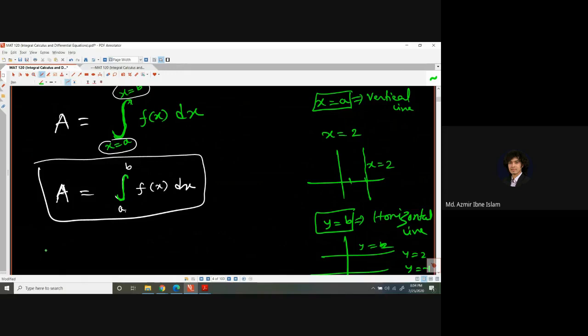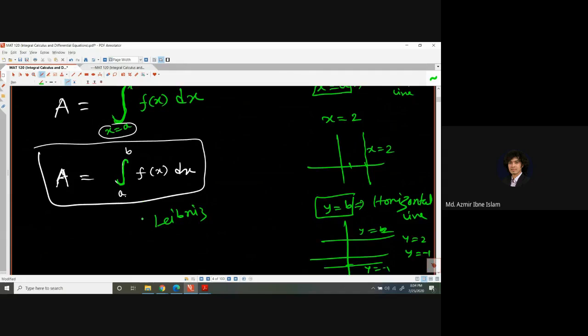And this symbol was introduced by Gottfried Wilhelm von Leibniz. He was a mathematician. So the integral sign was first introduced by Leibniz.